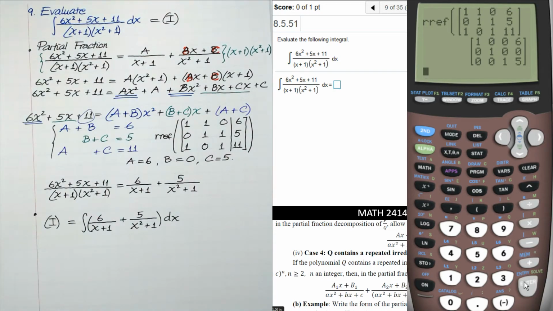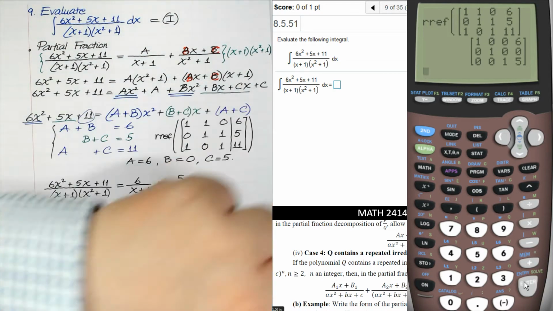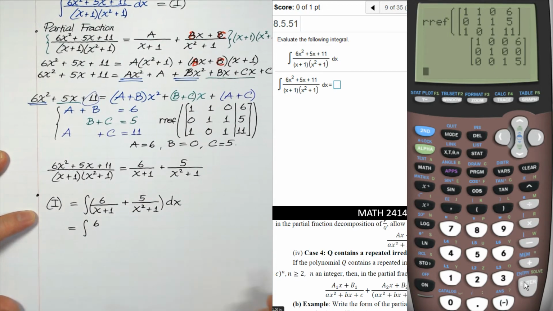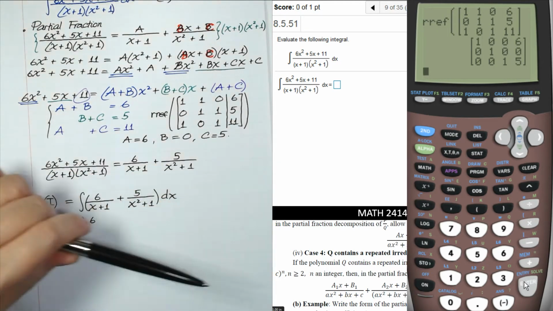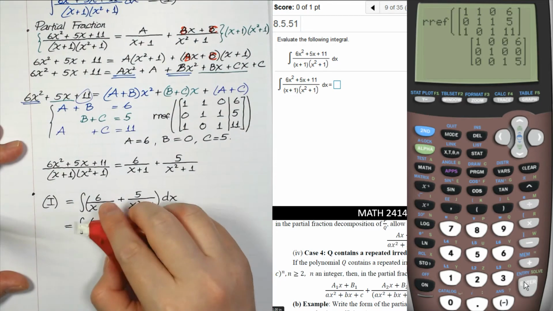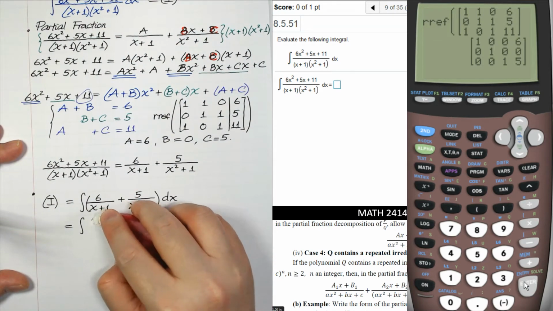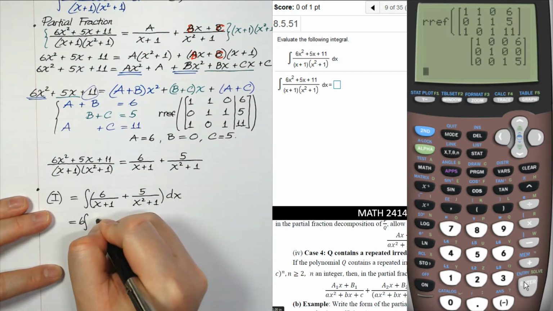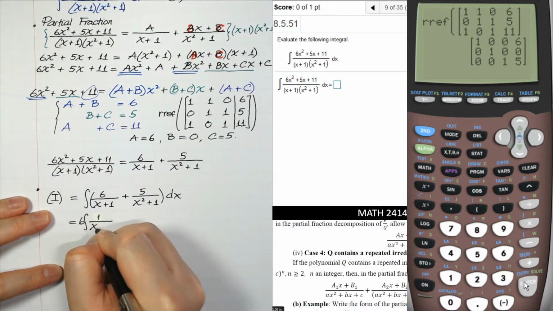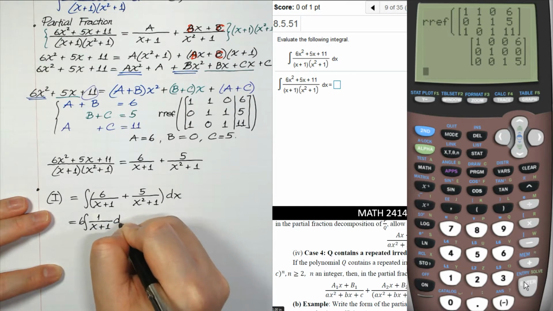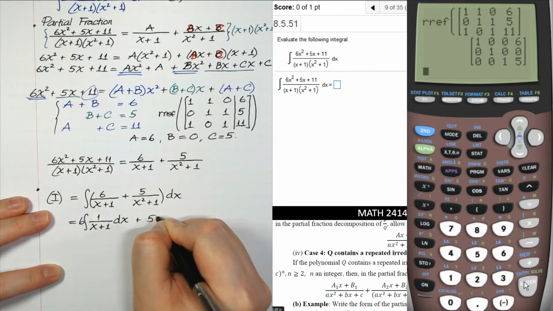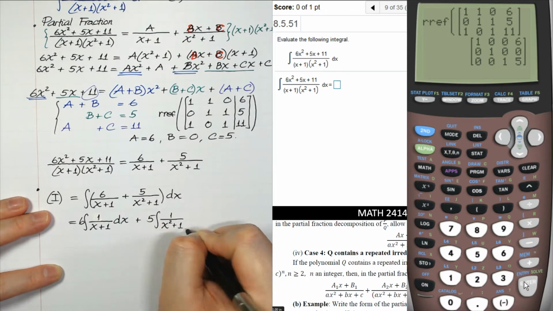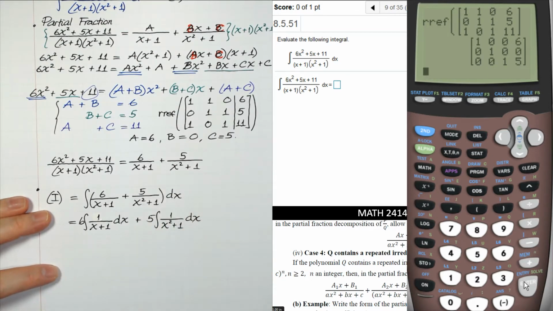So we split the integral. I will take out the 6, and the 5. Okay.